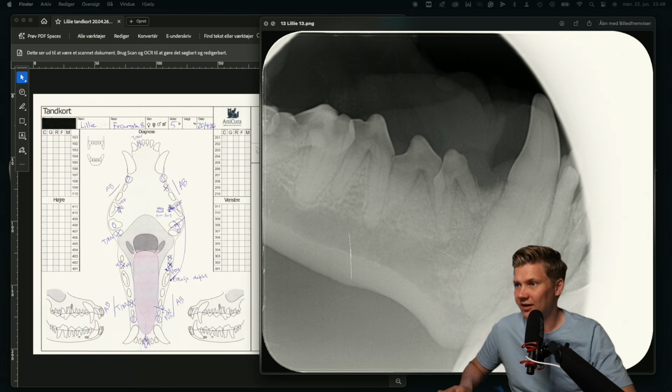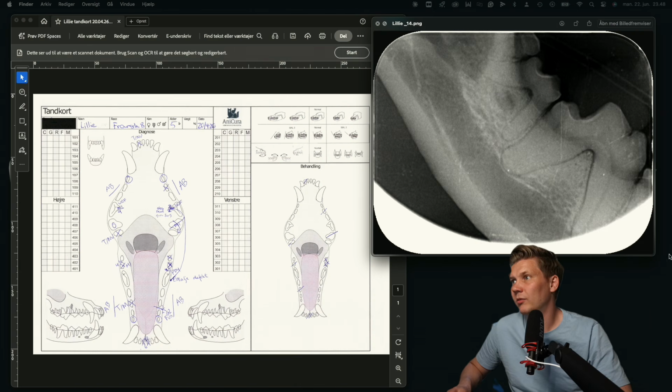But when you look at the x-ray, you can see it doesn't really look like there's a wider pulp canal or anything, but the discoloration gives it away. So you still have to extract that. Let's move back a little bit more, and you see that 409 and 410 and 411.